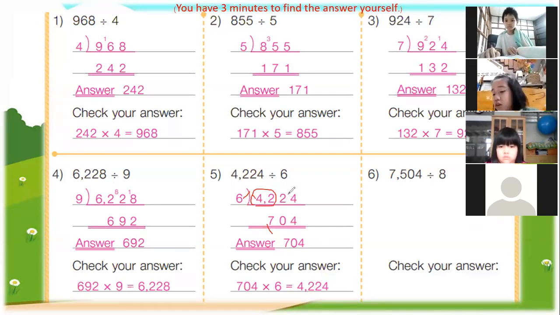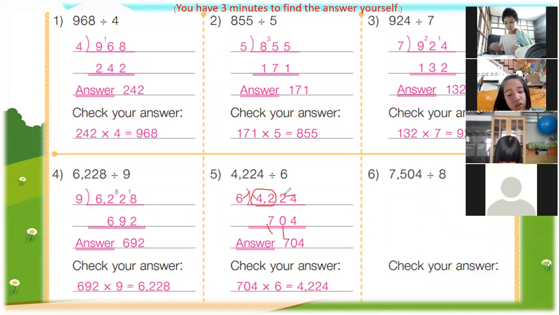Now come to the 10th place. At the 10th place we have 2, which is lesser than the divisor. But if we use the table, 6 multiplied by 0 becomes how much? 0, right? So 0 we're going to write.